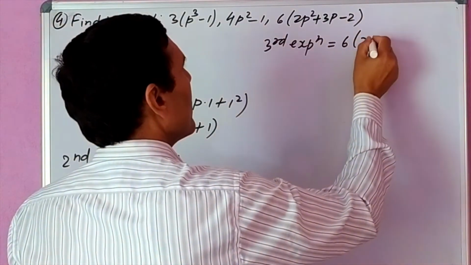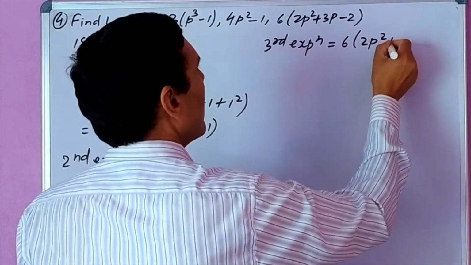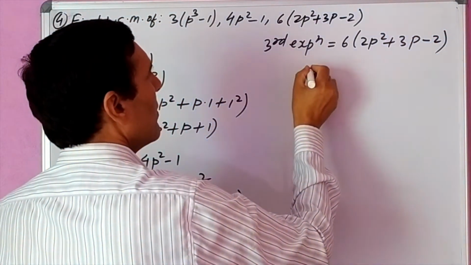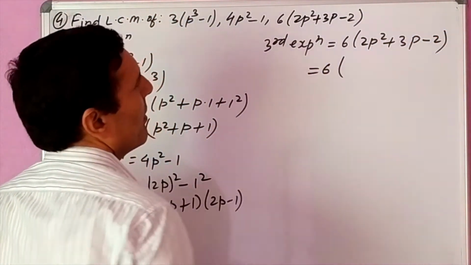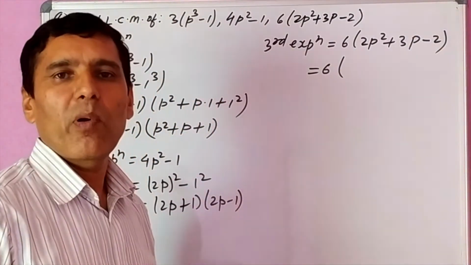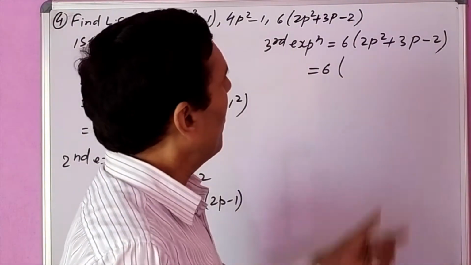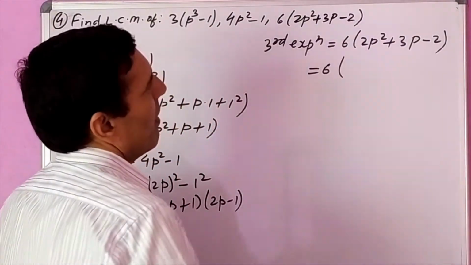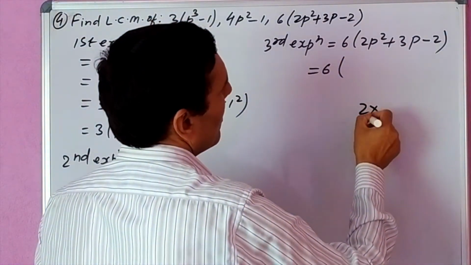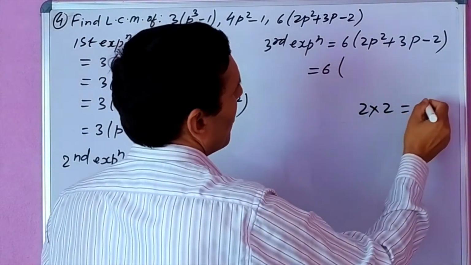Now the third expression, 6 times 2p² plus 3p minus 2. This 6 stays outside. Now inside the bracket, we can factorize this by the product and sum rule, balancing 3, because the first coefficient is 2 and the last term is 2, product 4.